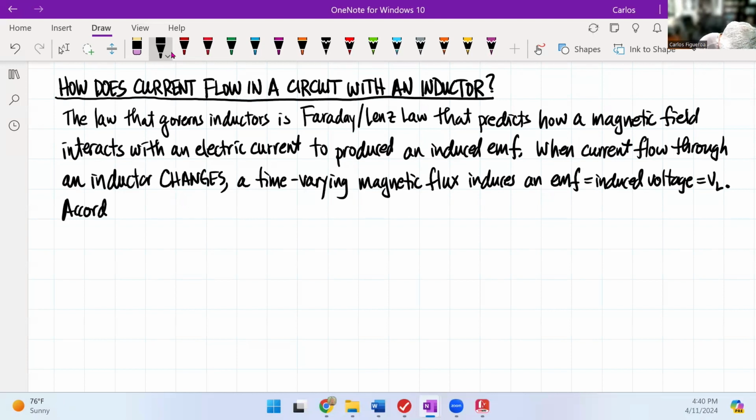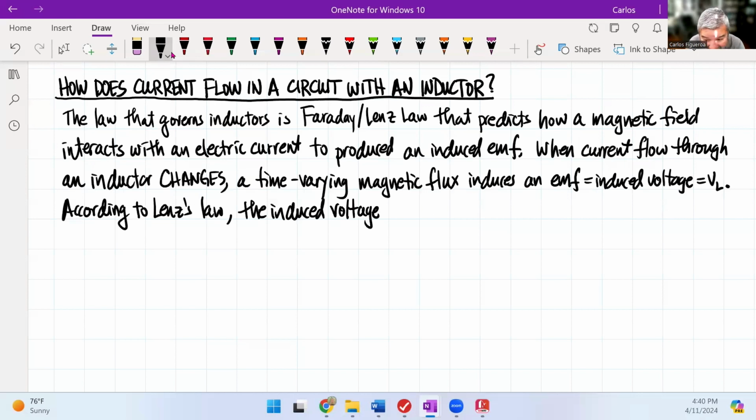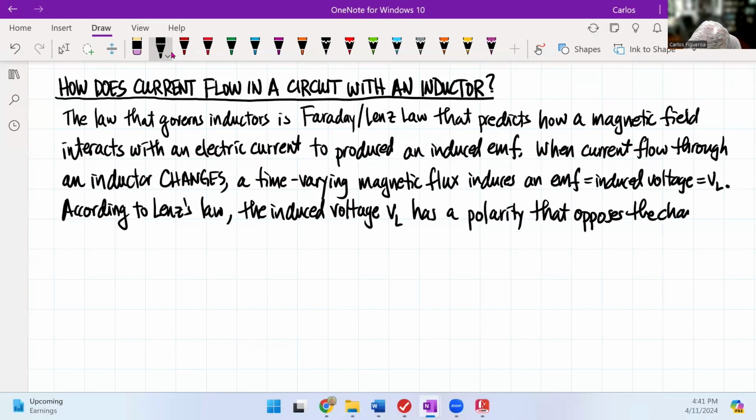According to Lenz's law, the induced voltage, by the way, I could have said the inductor voltage, has a polarity that opposes the change in the current that created it.